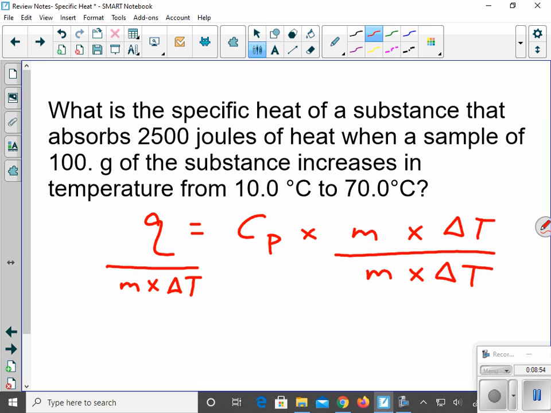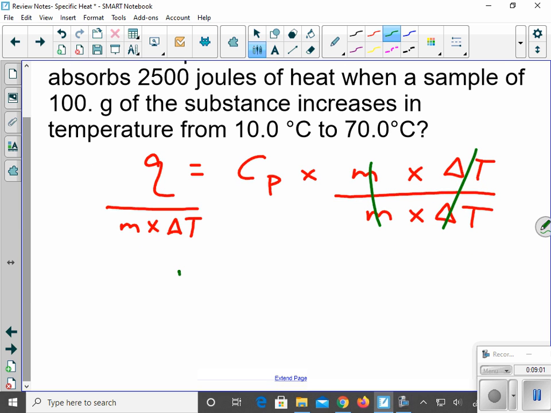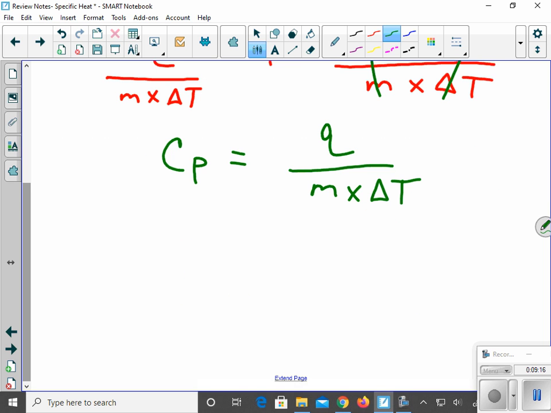When I do so, I get a cancellation on this side. So my equation now is going to be the specific heat is equal to the energy, Q, divided by the mass times the delta T. As I go back into my problem, I stated that my energy was 2,500 joules.